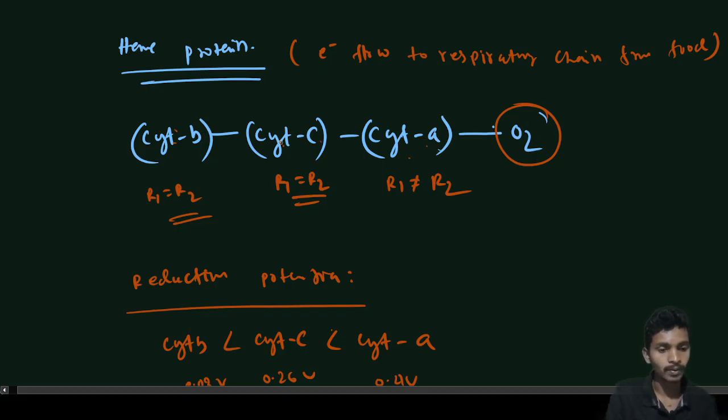So you see that cyto C lies in the middle, with cytochrome B on one side and cytochrome A on the other. We will not discuss cytochrome B now because it is found in hemoglobin and myoglobin; we will discuss it when we cover those. So now we will discuss cytochrome C and cytochrome A.